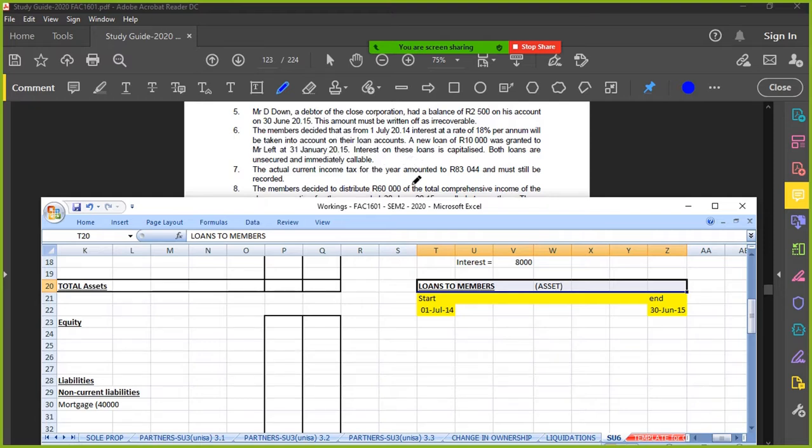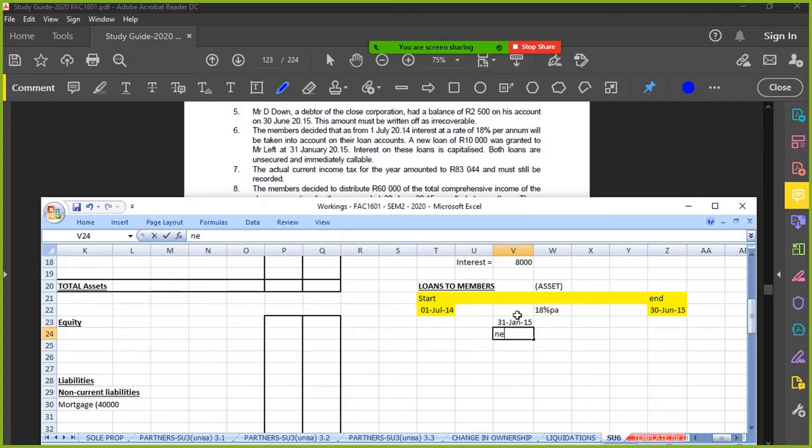The members decided on that date, interest is 18% per annum, will be taken into account on the loan account. A new loan of 10 was granted to left. Okay, so granted to left on the 31st of Jan. New loan for left. Okay, how much was it? 10.